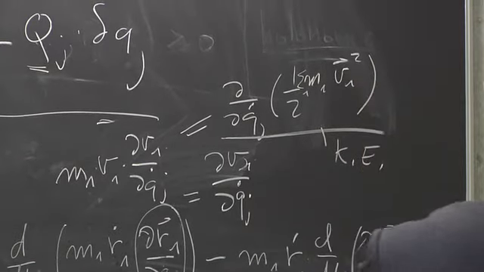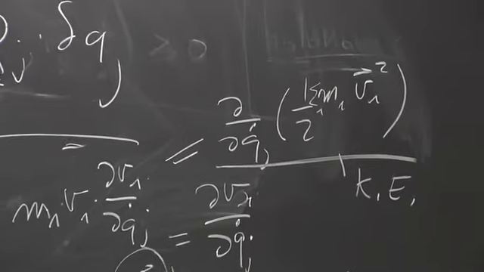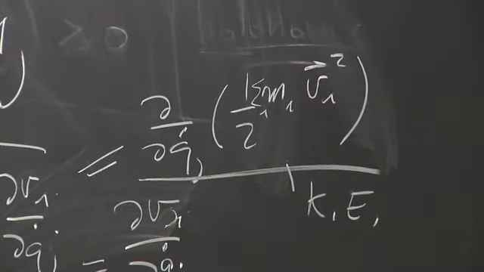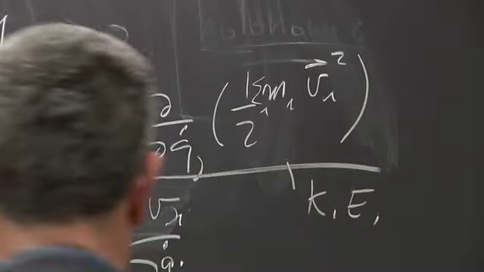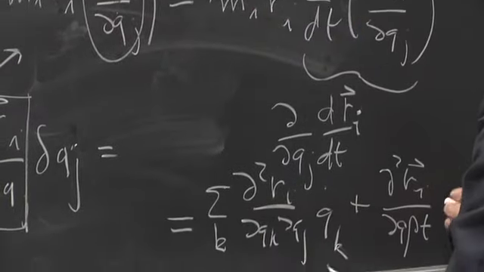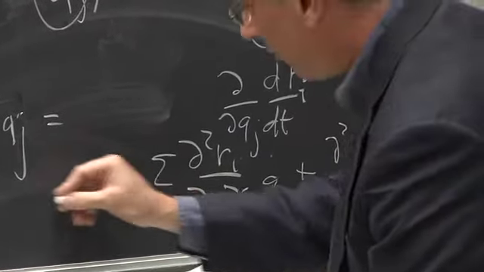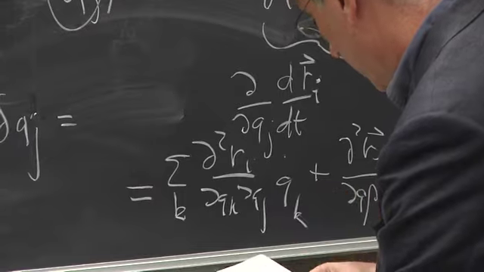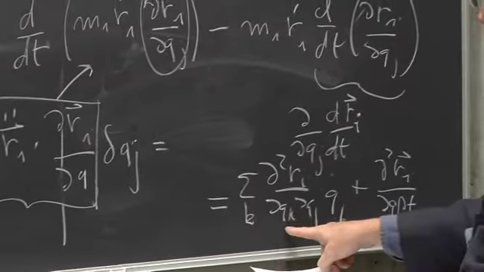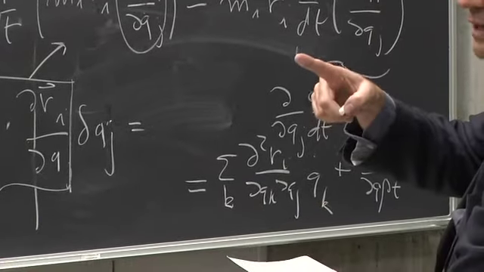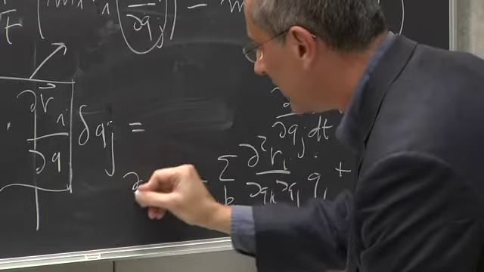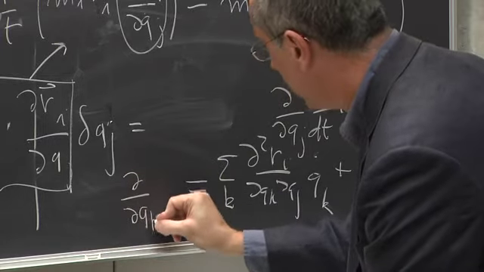And something similar I can get from here, right? Because what is this term here? Look at this. This term here, you see, is just the dqk of the vi vector. Look at what vi is.